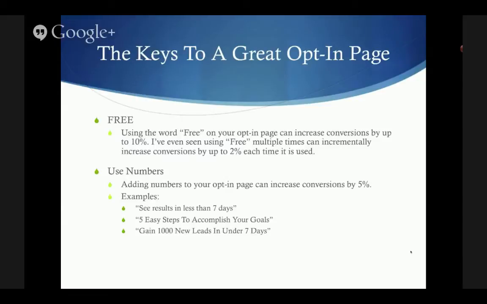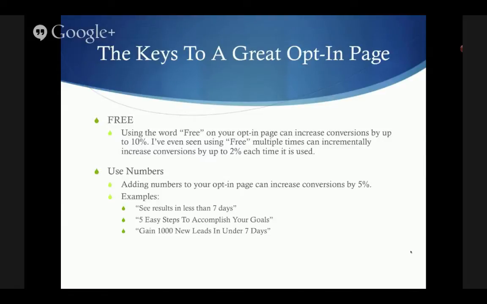So another just random key that you can use is to add numbers. Adding numbers can really help increase conversions because it makes it real. So see results in less than 7 days, 5 easy steps to accomplish your goals, gain 1,000 new leads in under 7 days. And it's actually been said, don't round. So I did not take my own advice.